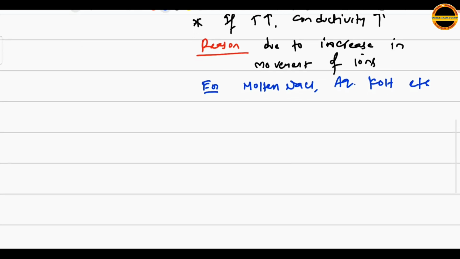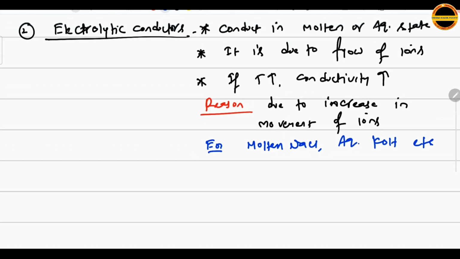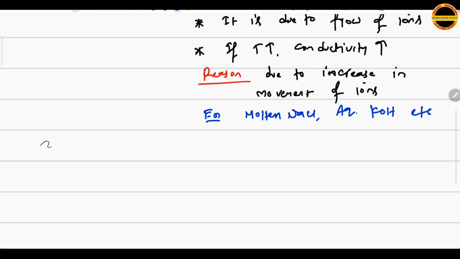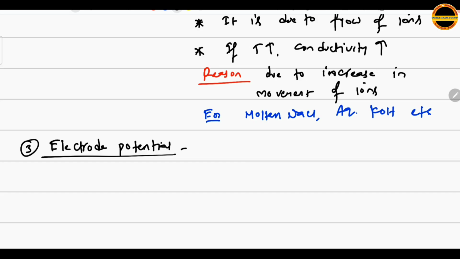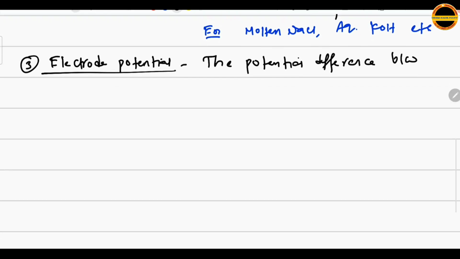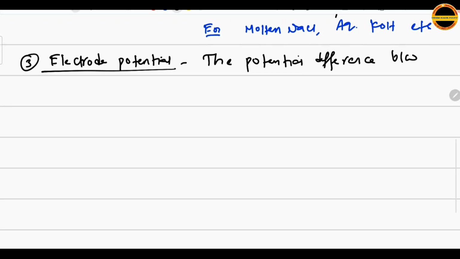Next, before going to cell, another important term, which is electrode potential. What is electrode potential? Write notes along with me so that there is no need to revise from any other textbook.